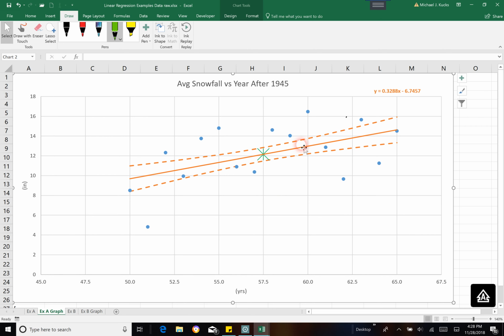These are the fluctuations that I could expect to see if I took 16 more measurements of the snowfall since 1945.